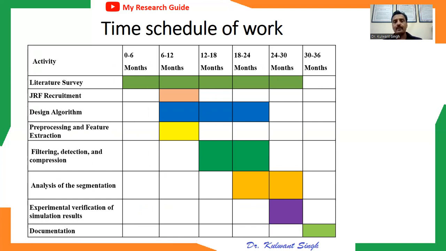The literature survey will start from day one, and we need the literature review till we complete our project. When we start the documentation, there is no need for a literature survey, but up to that point we have to include it. Then there may be next steps, because this time frame is for a research project, so there may be different activities. You can plan your activities according to your research project.